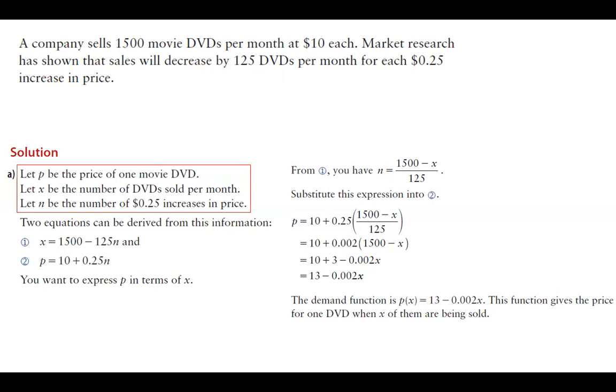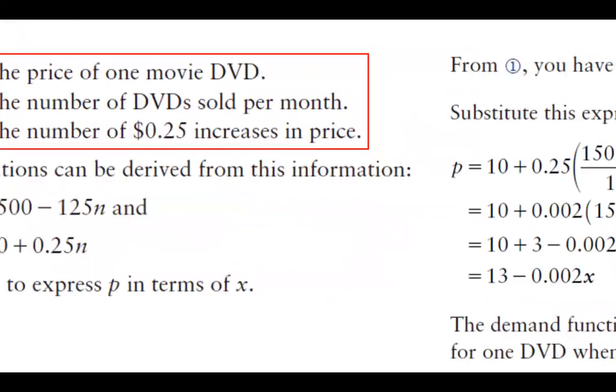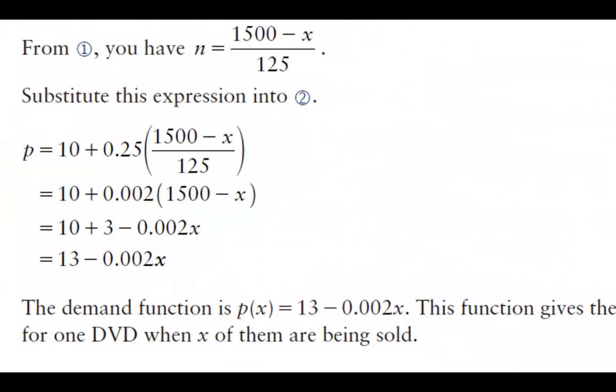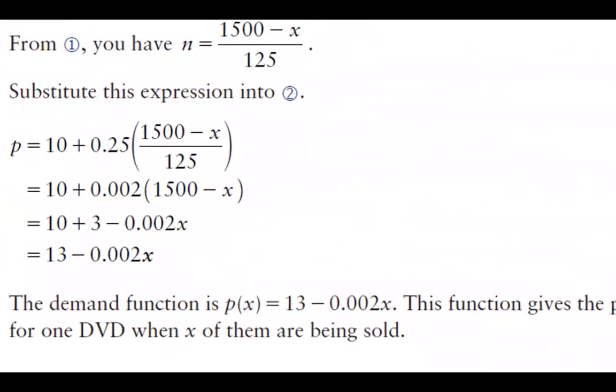So we can substitute this expression into equation number 2. Okay, I'll enlarge this a little bit. If you substitute this expression into number 2, this will give us the function of P in terms of X, which is P equals 10 plus 0.25 times (1,500 minus X) over 125.